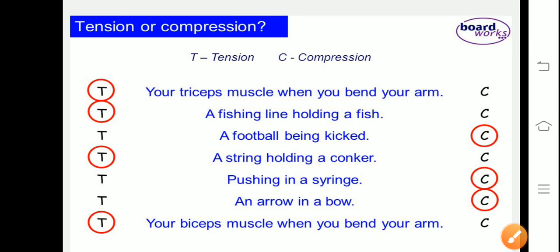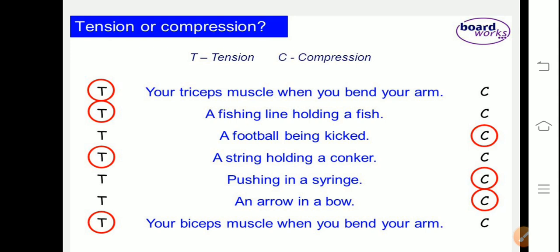Now you know the difference between tension and compression. Let us observe the difference between tension and compression. Your triceps muscle when you bend your arm, whether it is tension or compression, absolutely that is tension force.